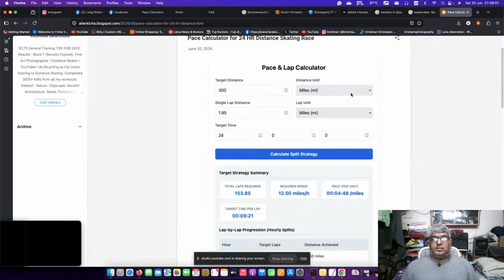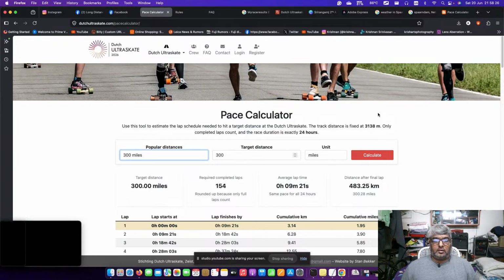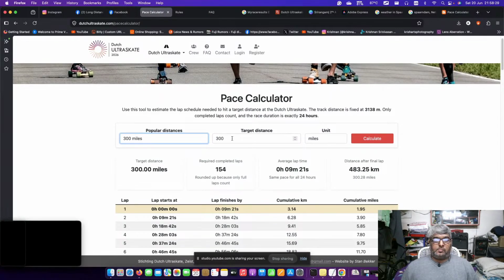Let's just say I want to put this in kilometers. I want to do 100 miles, which is 160 kilometers. Let's say I'm doing it for Dutch Ultra Skate, which is 3.148 or so, about 3.15 kilometers per lap. Let me go to the pace calculator.